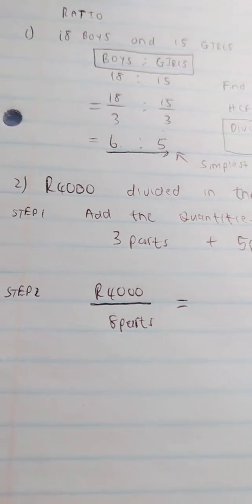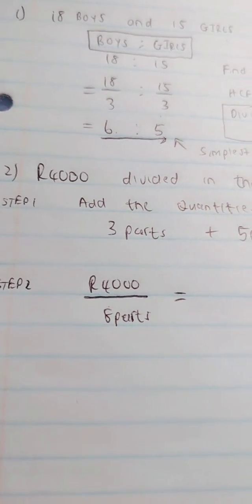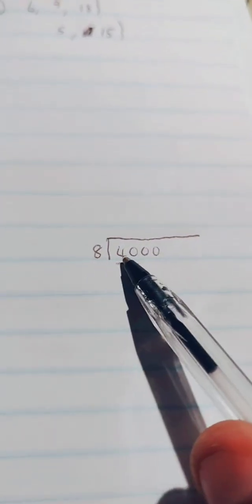4,000 divided by 8. Just for interest, do you guys still remember our long division? You would ask yourself, how many times does 8 go into 4? It doesn't go. Then you would extend it and say, how many times does 8 go into 40?